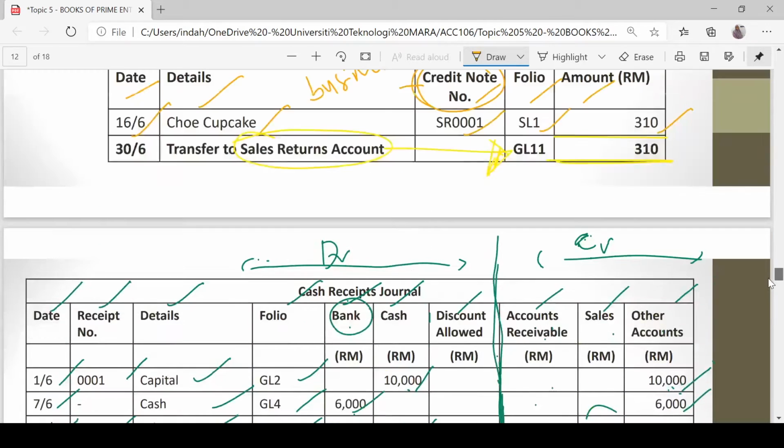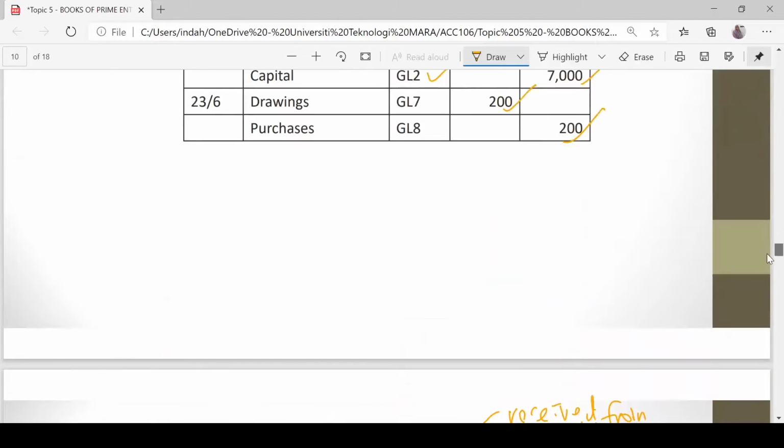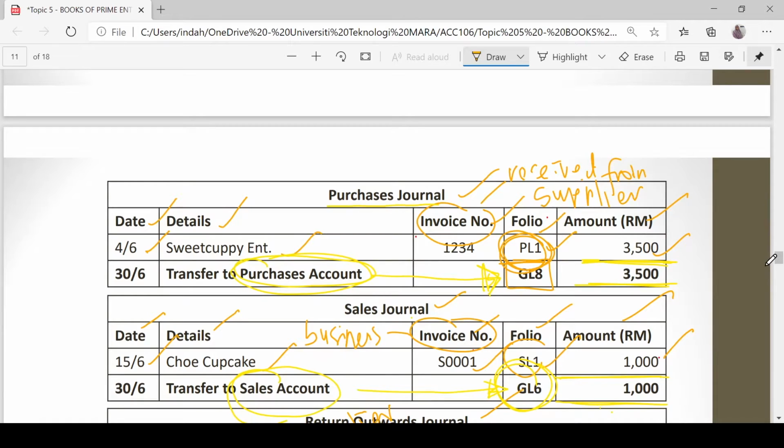What about the purchase journal? Listen carefully. For the purchase journal, for every supplier that we have recorded here, let's say for example we have Sweet Copy, maybe other suppliers, whatever the names are, for every supplier that we purchase on credit from, we are going to prepare one account.